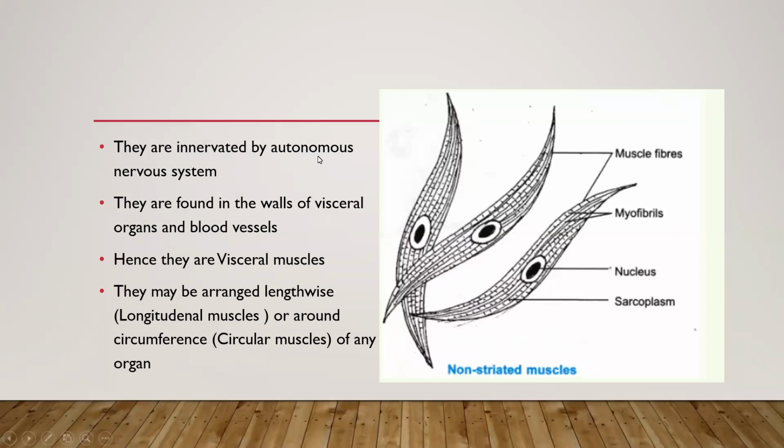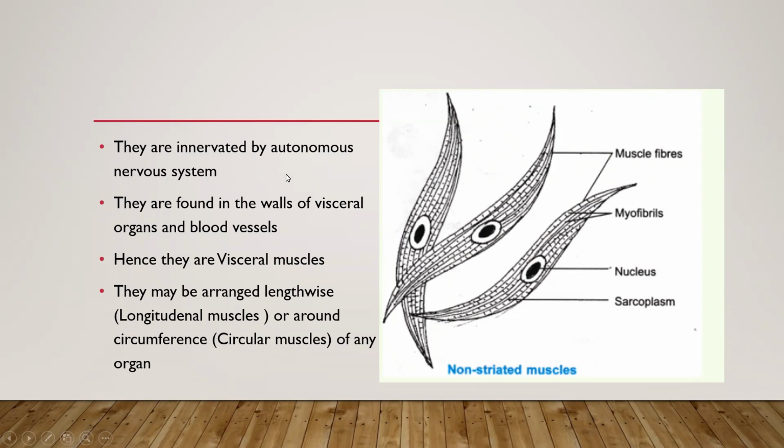They are innervated by the autonomous nervous system. Innervated means what? They are supplied. Okay, they are supplied by the autonomous nervous system. Now, what do we mean by autonomous nervous system? The autonomous nervous system is the part of the nervous system that controls muscles of internal organs. Which are the internal organs?